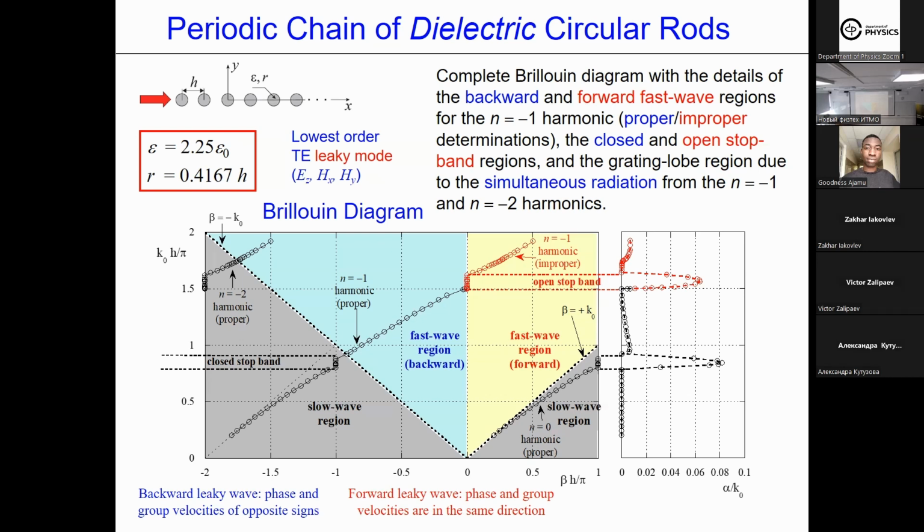Consider a structure with some material losses, some absorption. The first question is with no absorption. Actually, you have two branches, one from the right, one from the left, a backward wave, and at the point of coalescence, you have two modes.